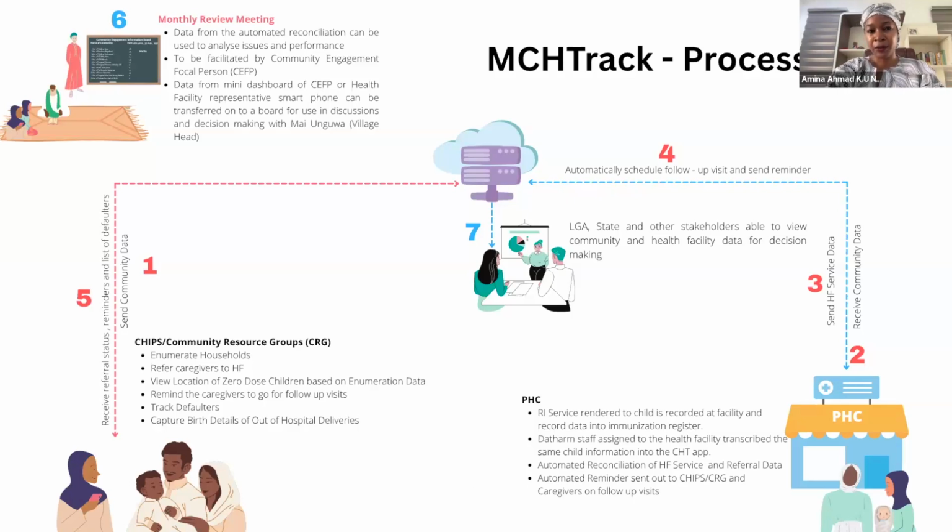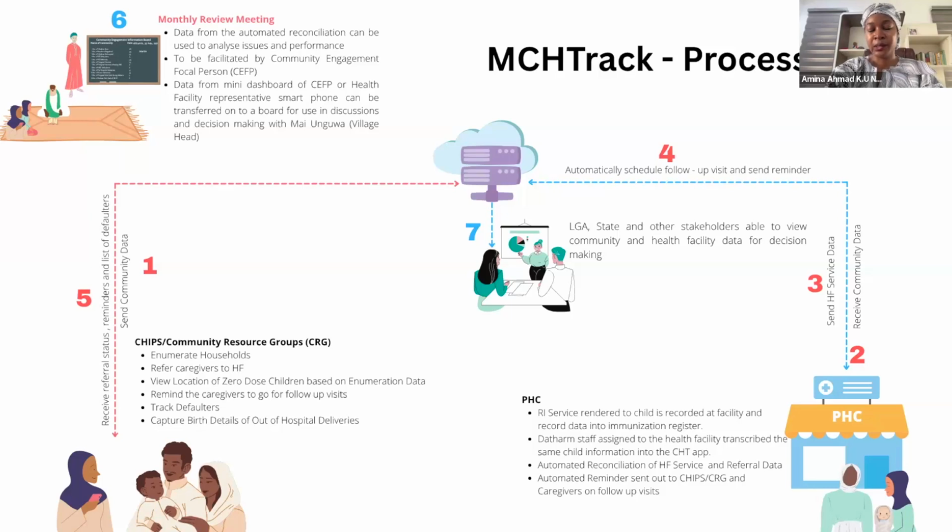What I forgot to mention was that some of those qualitative components of the data, for example, reasons behind defaulting, that reconciliation meeting I mentioned earlier with the Mayongwa or the village head still happens. It's just that a lot of the processes have been streamlined.